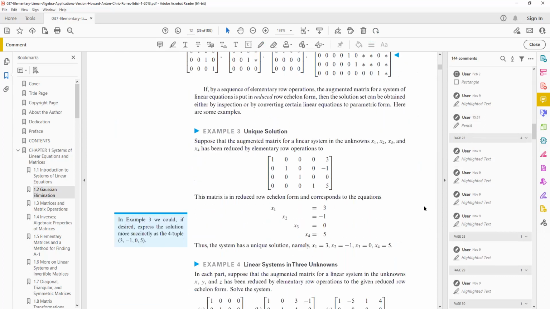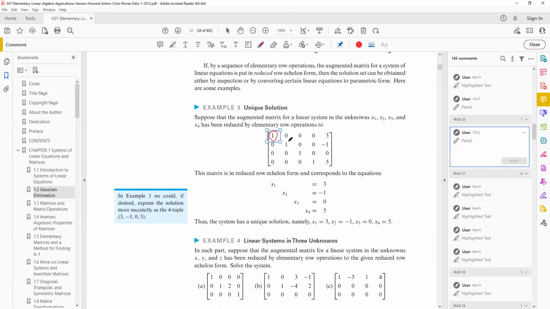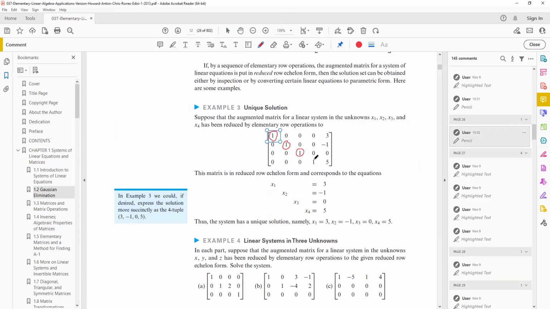I just want to show you, one that has a unique solution is going to look something like this. This one is in reduced form, but it doesn't necessarily have to be in reduced form. You're going to have these ones like this. This is an augmented one.